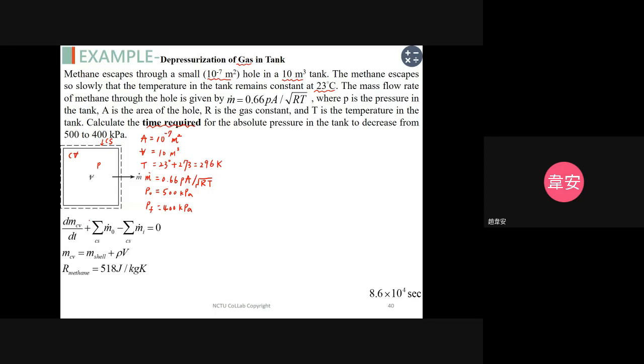So first, we follow the continuity equation. The change of the mass in the control volume with time plus the outflow mass rate minus the inflow mass rate. For this problem, we don't have the inflow mass rate. We only have the outflow mass rate related to the small hole, the gas escaping from the small hole.